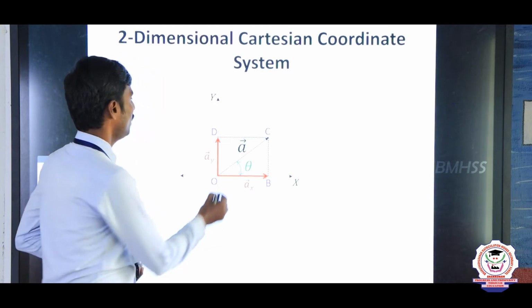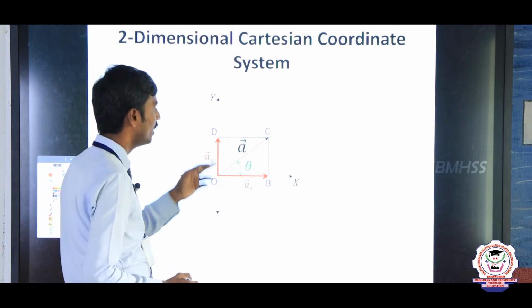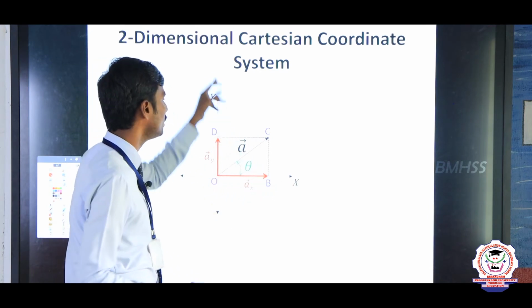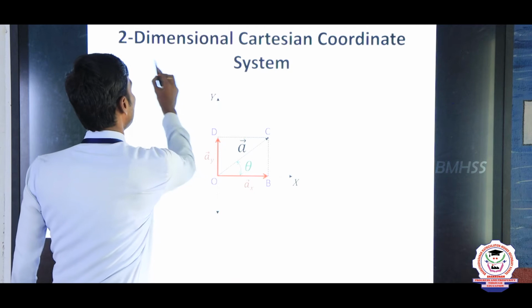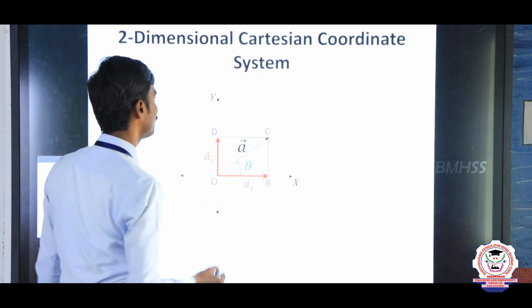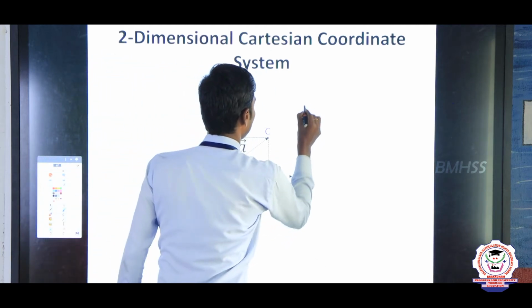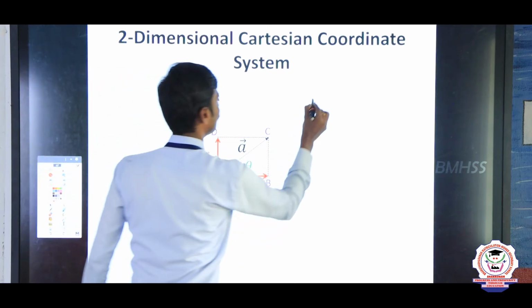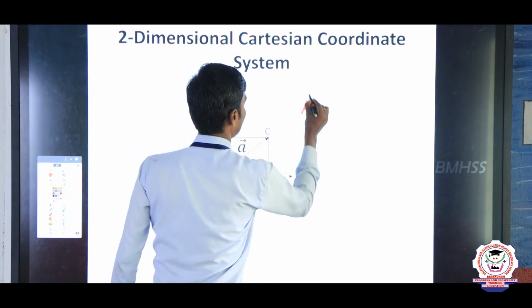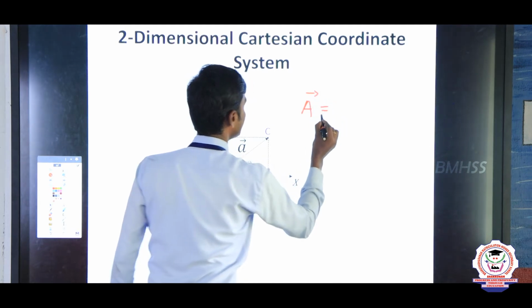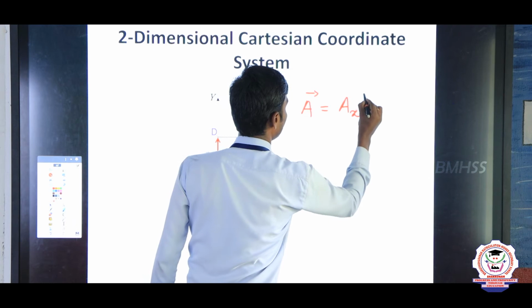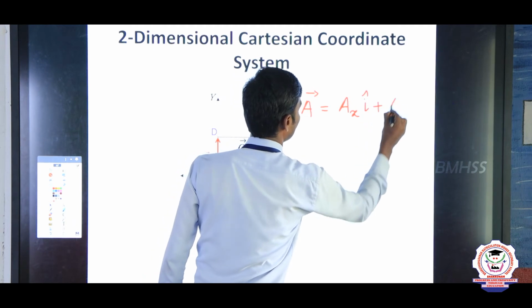Let us consider one vector, a vector. This vector consists of two dimensions, that means x coordinate and y coordinate. A vector can be written as ax i cap plus ay j cap.